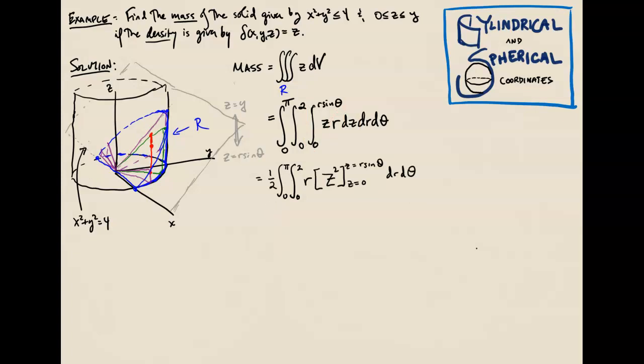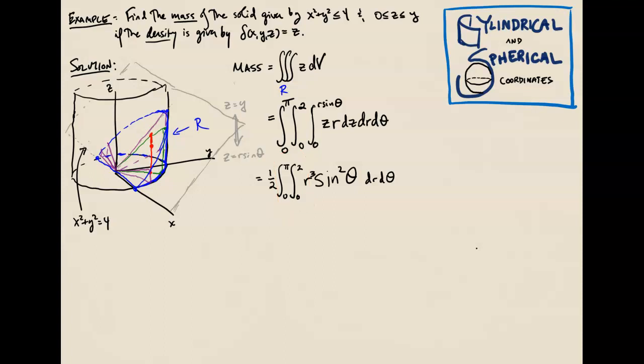When we do that, we end up like this. There's my half and there's my z squared. When I evaluate this, that's going to be r squared sine squared theta minus 0. So just r squared sine squared theta. And once again, to save a little room, I'm just going to put that where this is now. Like that. And immediately these r's combine, so I will get r cubed sine squared theta. Okay, that's much nicer, because now we've just got a twofold iterated integral, and in fact the boundaries we're left with are just constants.